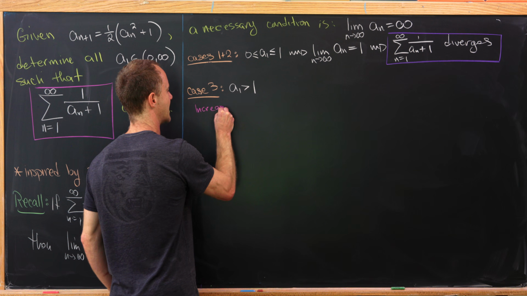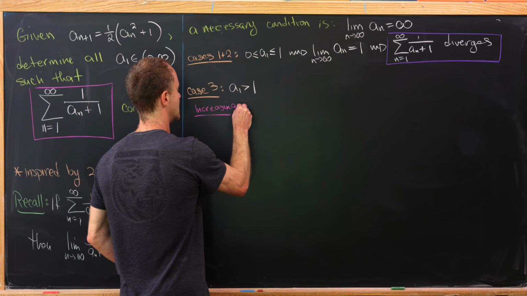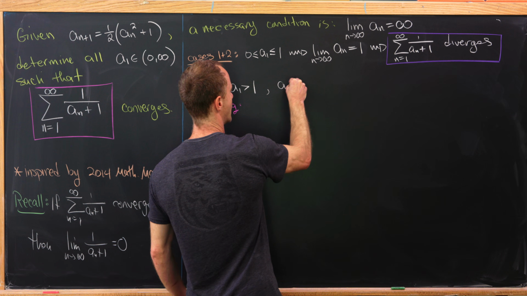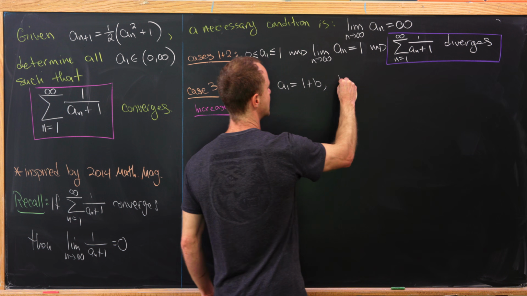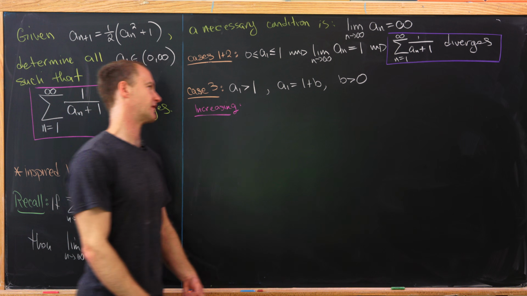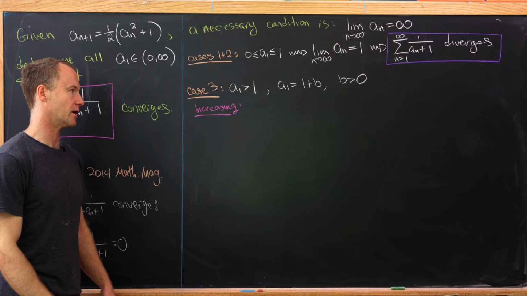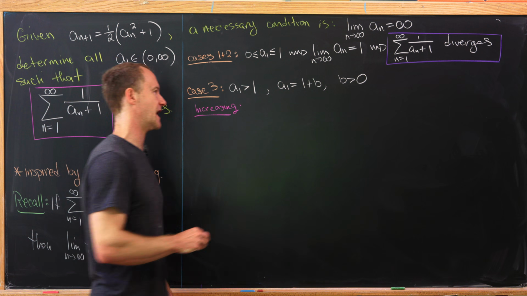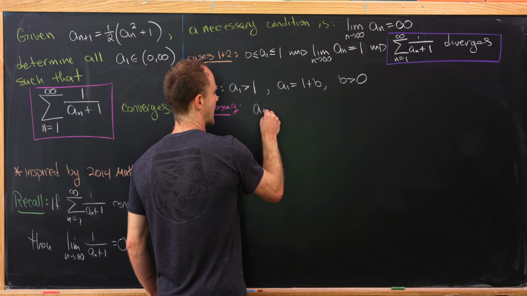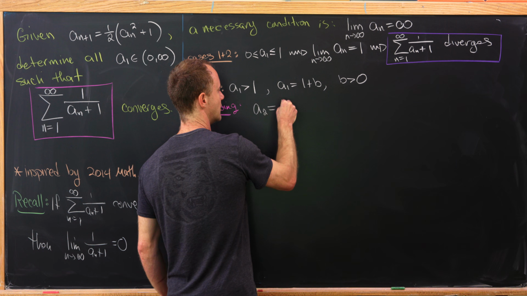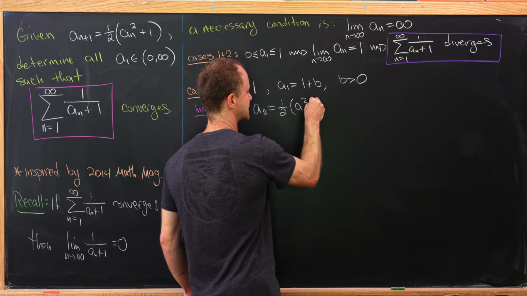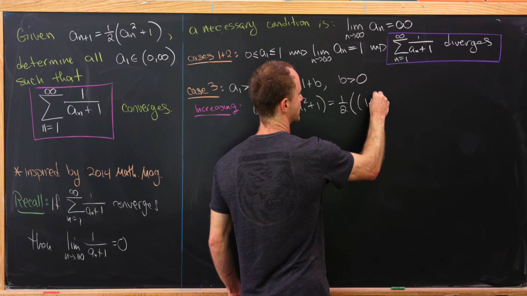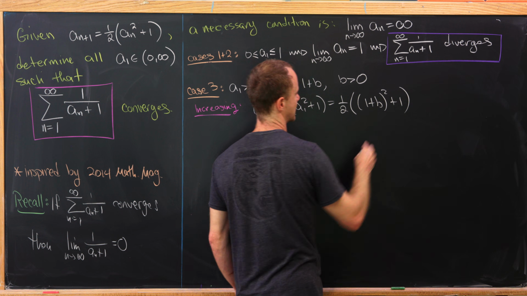Well, we're going to do it by induction again. But before we start our inductive proof, let's rewrite a_1 as 1 plus b, where b is a positive number. You can do that for any number bigger than 1. Okay, so now let's show that a_2 is bigger than a_1. So here a_2 will be equal to half a_1 squared plus 1, but that'll be 1/2 times (1 plus b) squared plus 1.